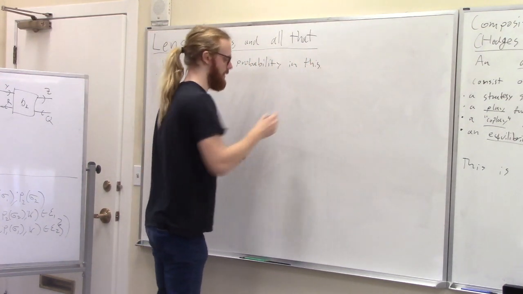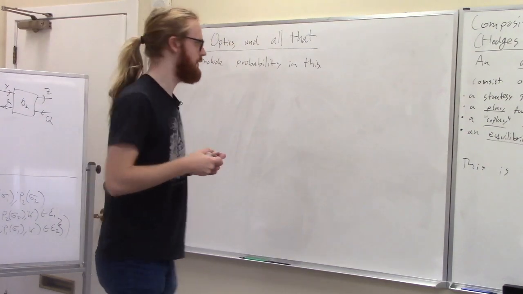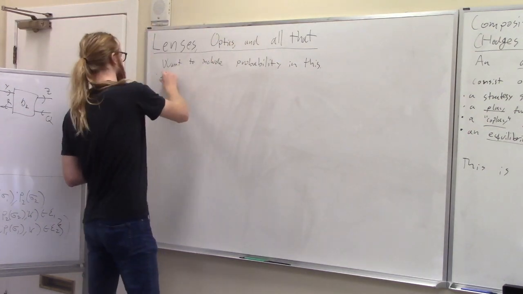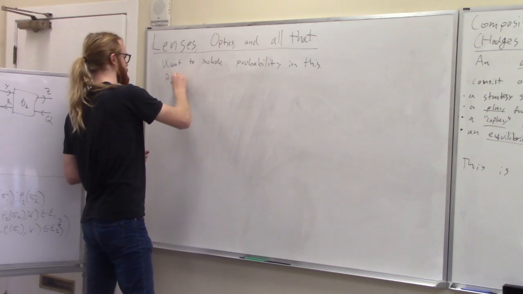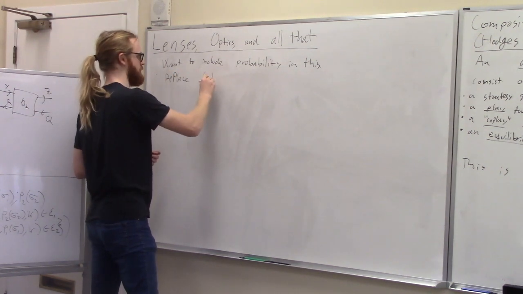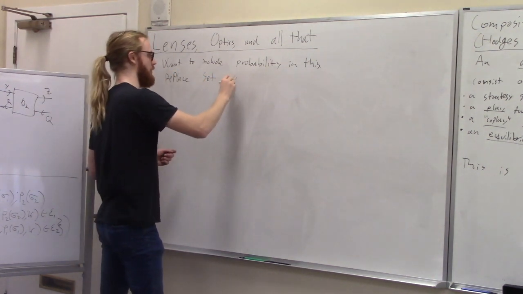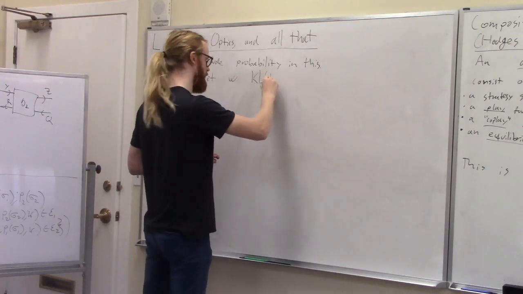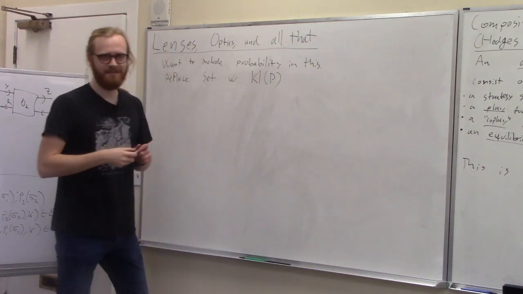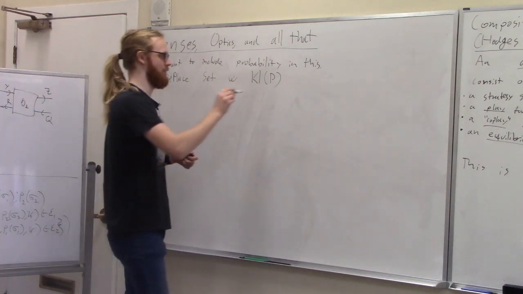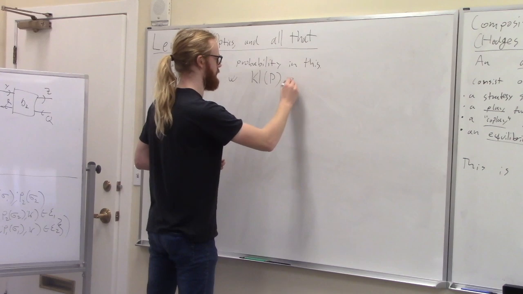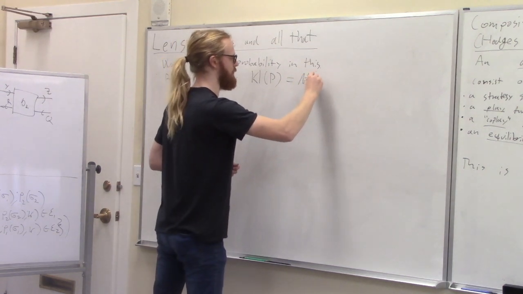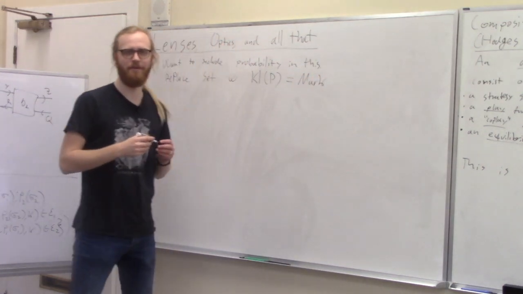Right. And so what we want to do is replace the category of sets with the category that I'm going to write like this, the Kleisli category for probability, or you could also call this the category of Markov kernels.